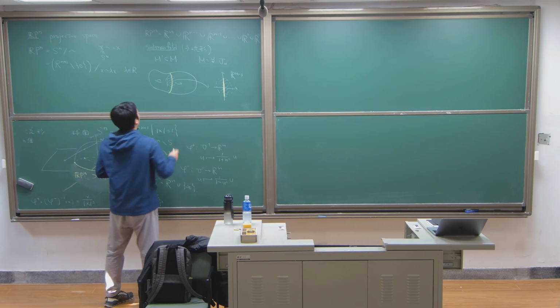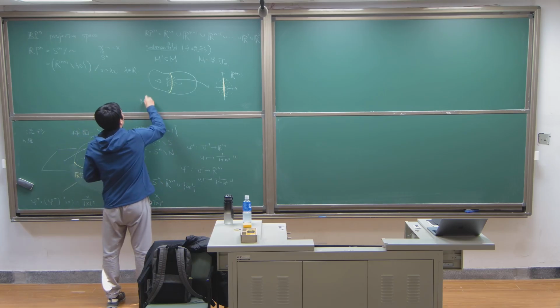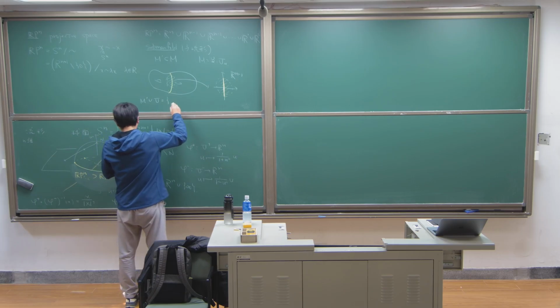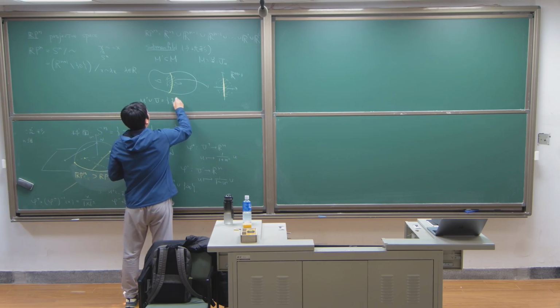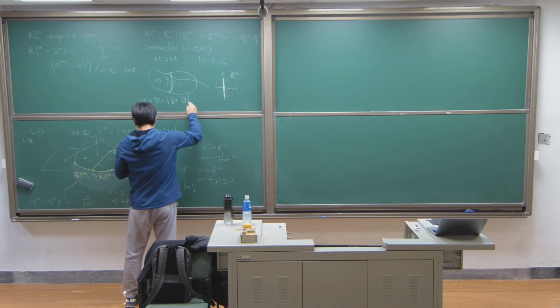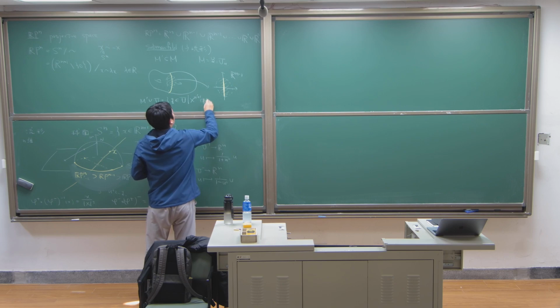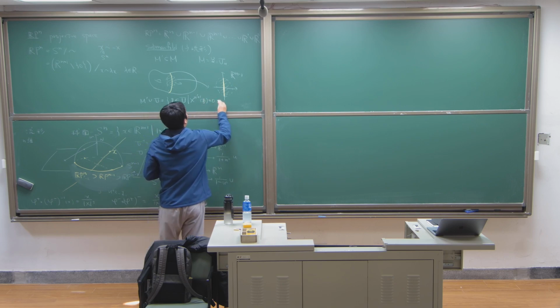Therefore, M prime intersected with U is the set of Q inside of U where x_{n'+1} of Q is 0, and so on.